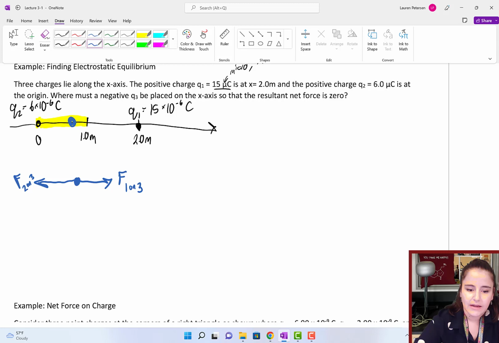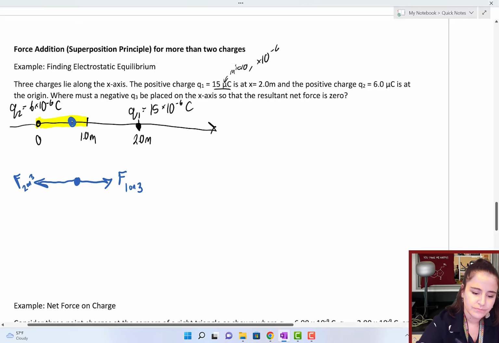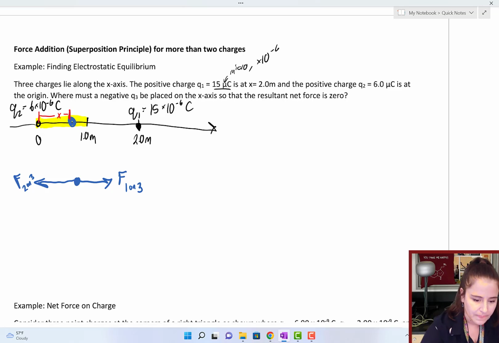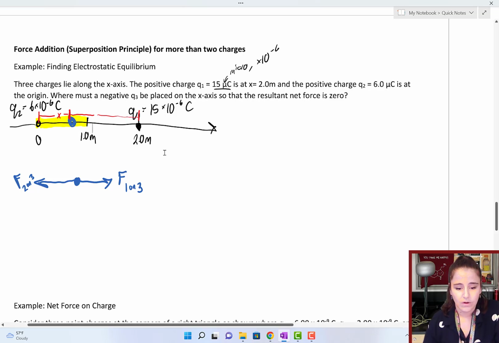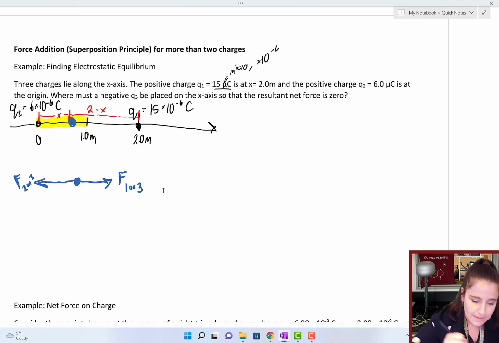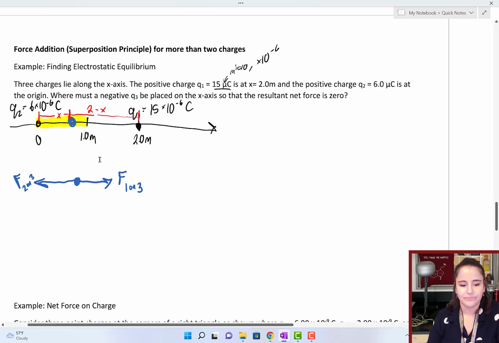When we set up that equation, we'll say this distance here is x, to charge 3. How could we talk about this distance here so that we have fewer variables? Well, we know Q1 is at 2, so this would be equal to 2 minus x. Then that distance x would give us where Q3 needs to be placed on the x-axis so that the resultant net force is 0.